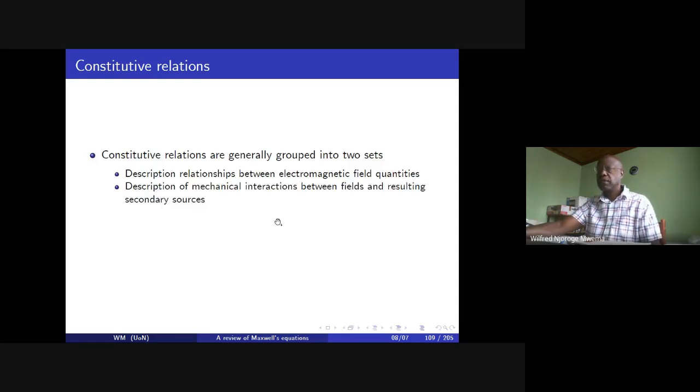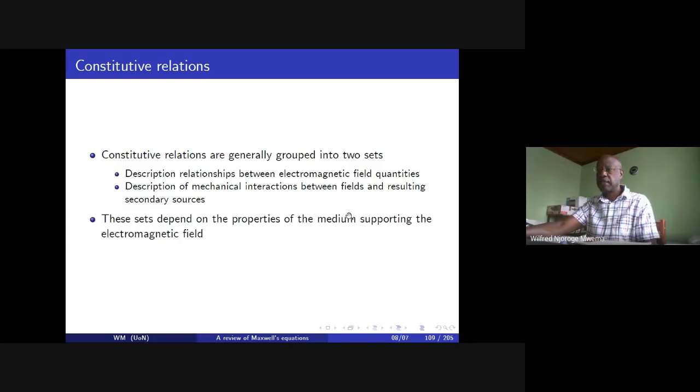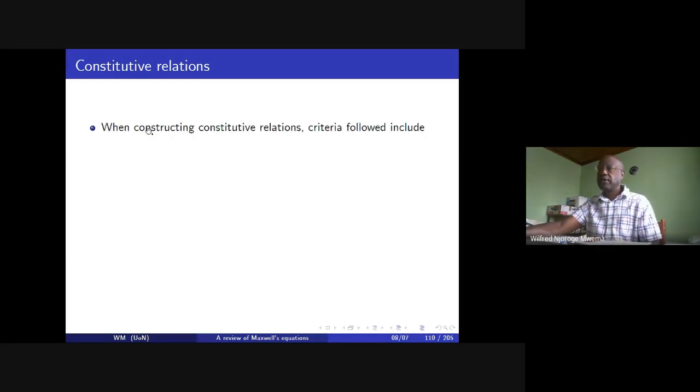And two, description of the mechanical interactions between the fields and the resulting secondary sources, that is, induced sources arising from the impressed sources. Now, the sets will depend on the properties of the medium that is supporting the electromagnetic field. And when we are constructing these constitutive relations, we must follow the following criteria.